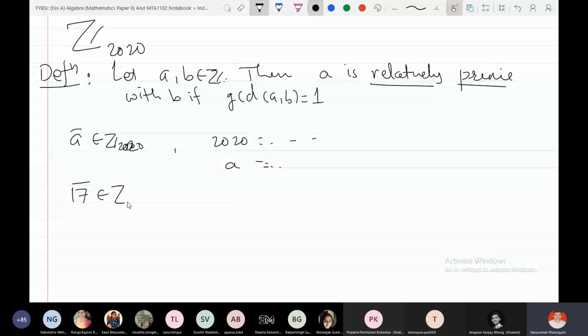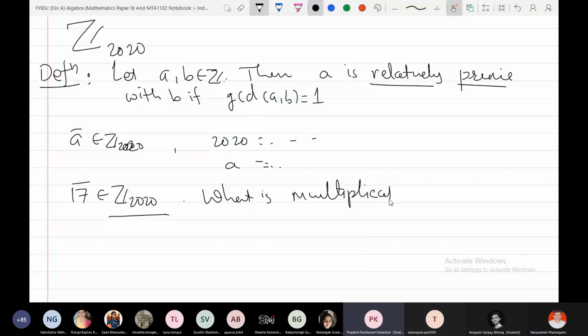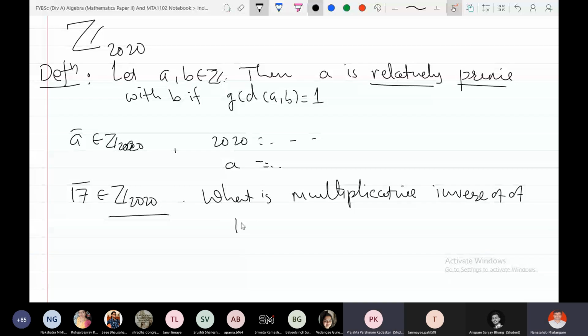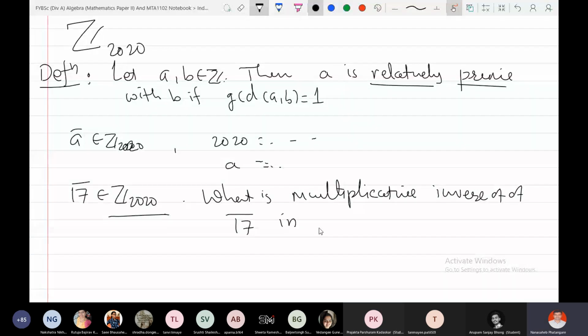Then what is the multiplicative inverse of 17 bar in Z 2020? So this could be a little bit difficult question.